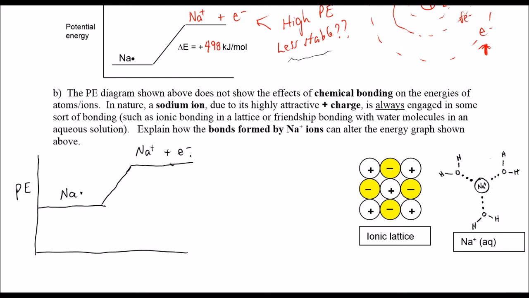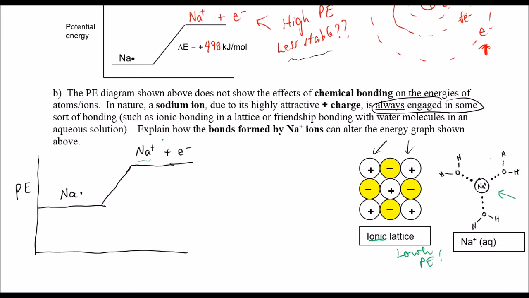All right, if we look now at these pictures here, you can see that, as it says in words, a sodium ion is always engaged in some kind of bonding. We know that bonds, whether they're ionic or friendship bonds like this, lower the potential energy. So that would mean this is a false representation here.